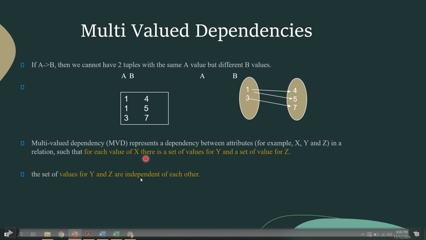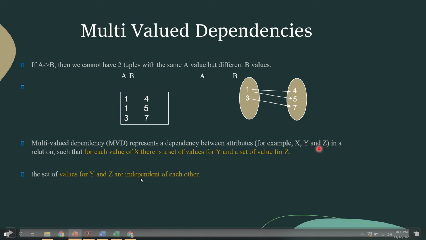If you want to explain the definition of multi-value dependency in detail, suppose we have a relation called R, which consists of three attributes x, y and z. Suppose each value of x is related to a set of values in y and a set of values in z, and y and z are independent of each other.